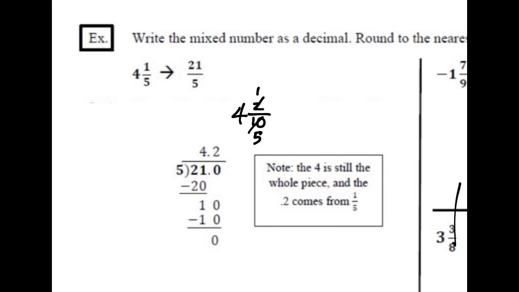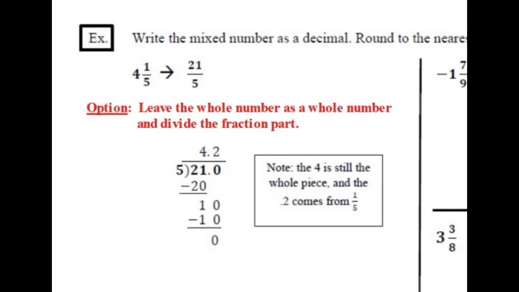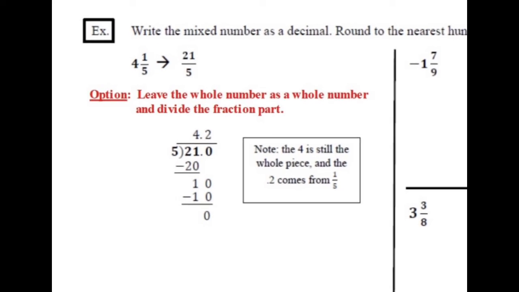In my opinion, doing that division with big numbers here, because these are bigger numbers, is a lot harder than doing the division with smaller numbers. Let me show you what I mean. I'll leave theirs there.